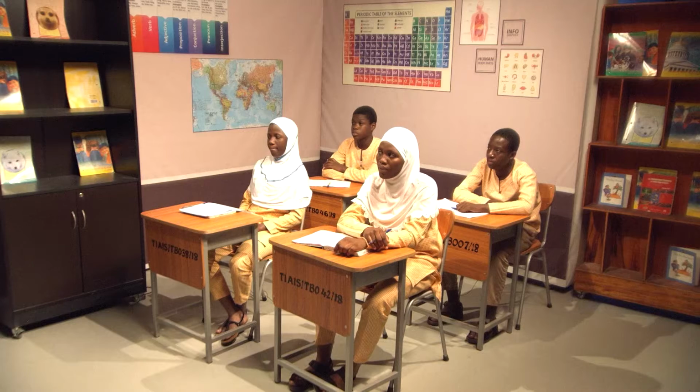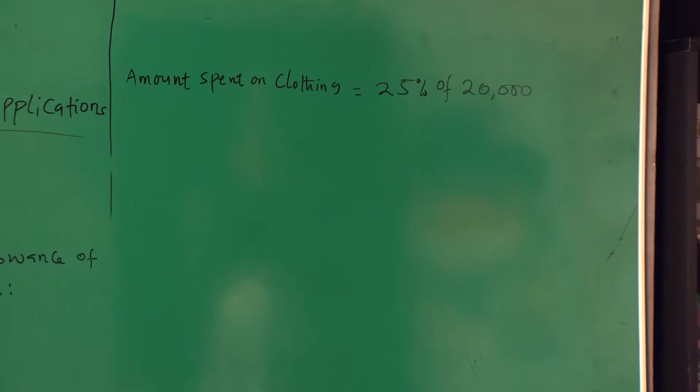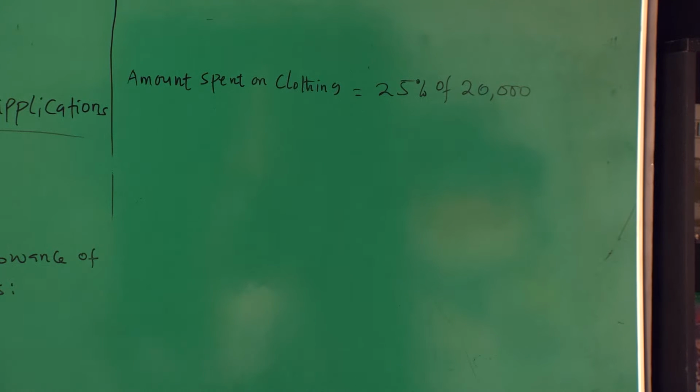And in our previous lessons, I taught you how to express 25% as a fraction. So if you want to do that, how do you write it? 1/4. You start with 25/100 before you now reduce it to 1/4.